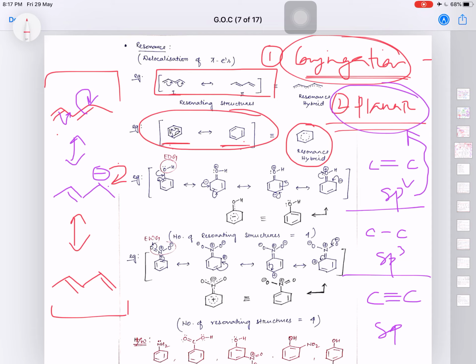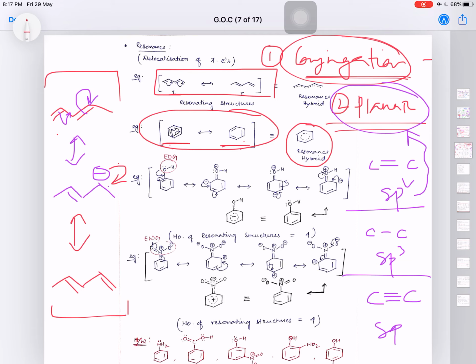Just remember that resonance is a phenomenon of delocalization of pi electrons, and it is possible only if conjugation and planarity are available. While drawing resonating structures, always keep in mind the first arrow will go from a double bond to a single bond, and the second arrow will go from a double bond to the carbon atom.